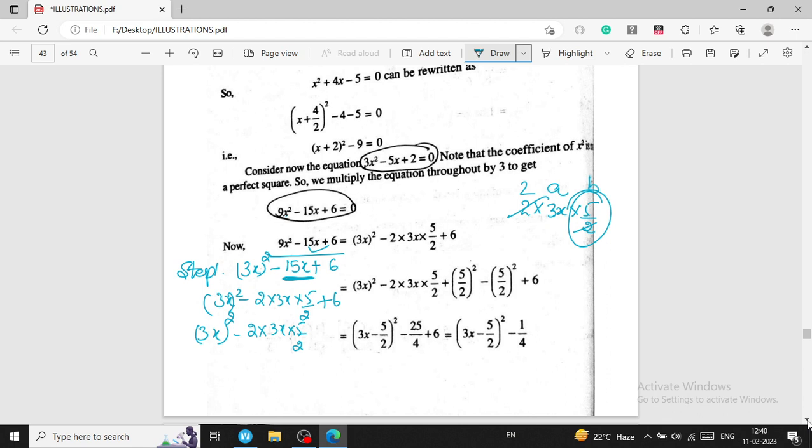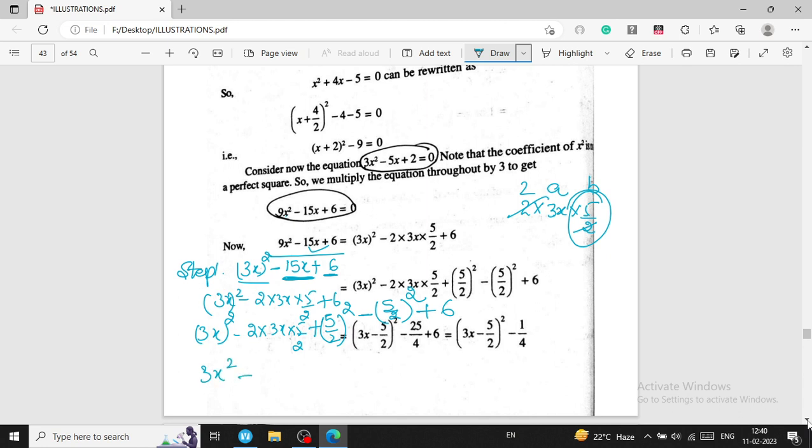We have to take this number this way: (5 by 2) whole square minus (5 by 2) whole square. We take these values in whole square in plus and minus both, because when we cut it we will find the original value. Plus 6. Here we take this method for making a third value in the form of square.